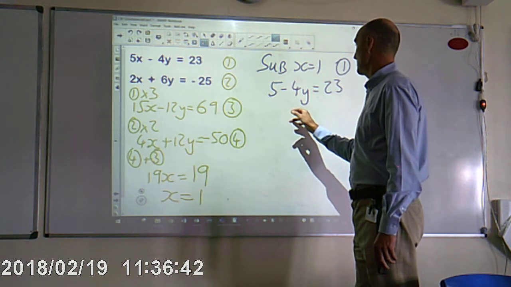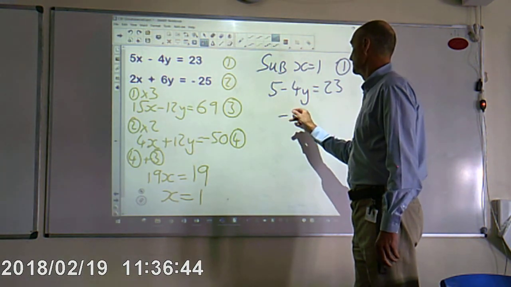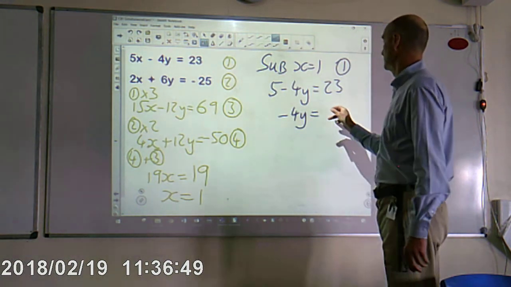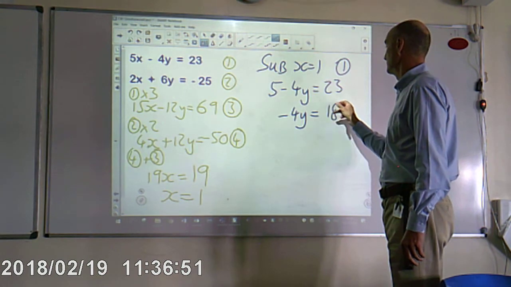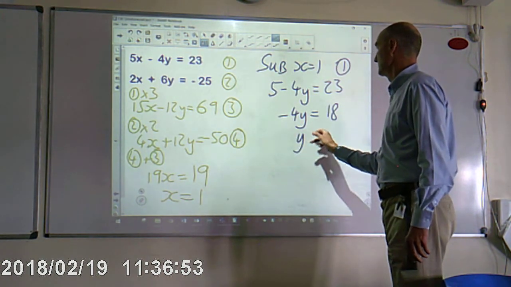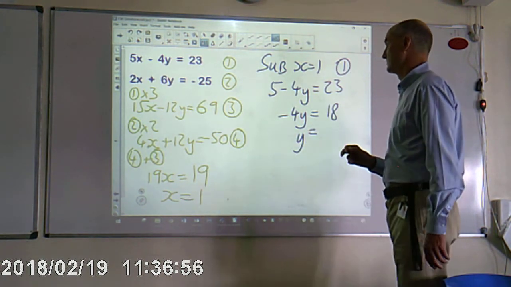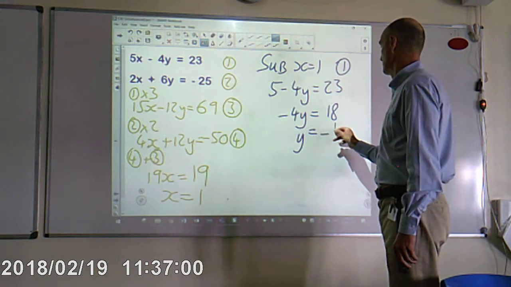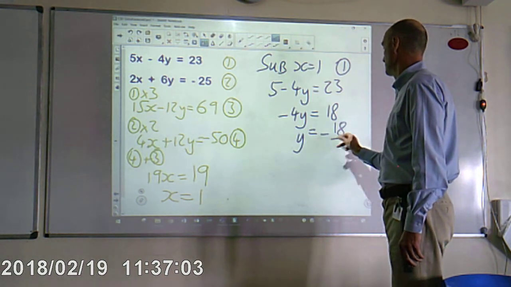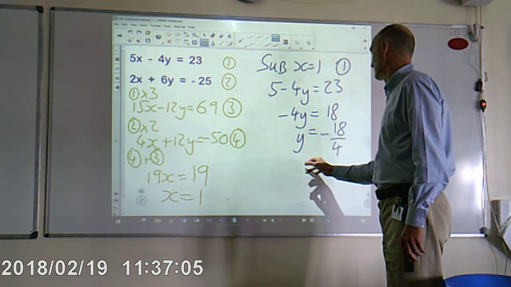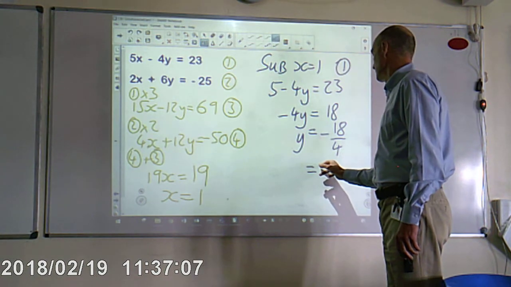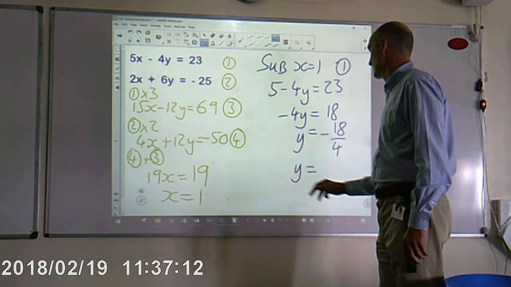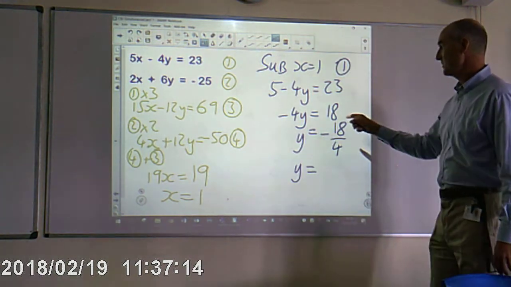Minus 5 both sides. Now, that's got a bit complicated there, isn't it?